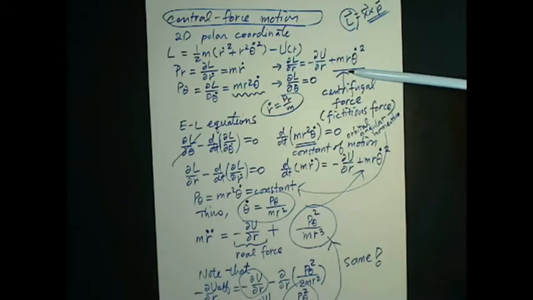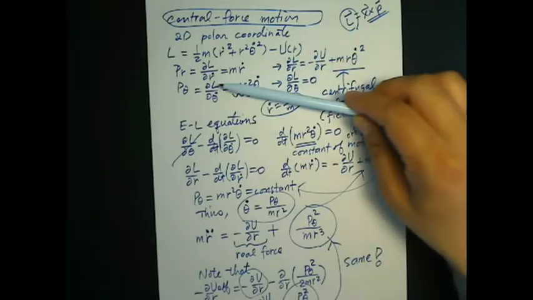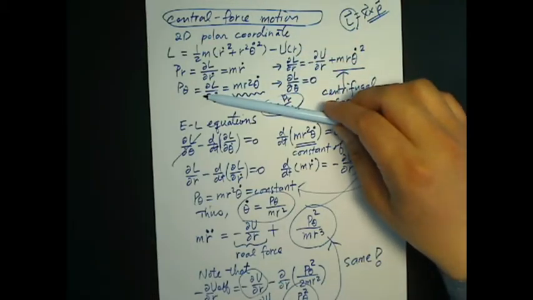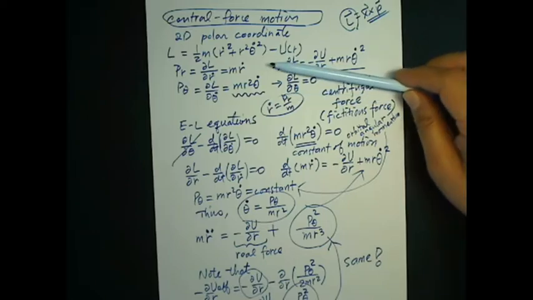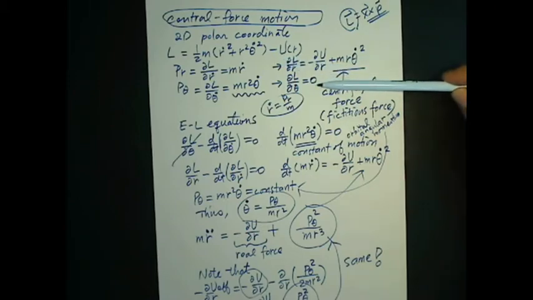This one was mr theta dot squared, mr omega squared. That is a centrifugal force contribution. As far as the p theta is concerned, if I take the derivative with respect to theta in this 2D polar coordinate system, it is cyclic. Just like phi is a cyclic in the 3D polar coordinate system.